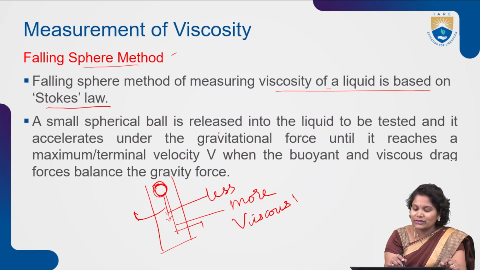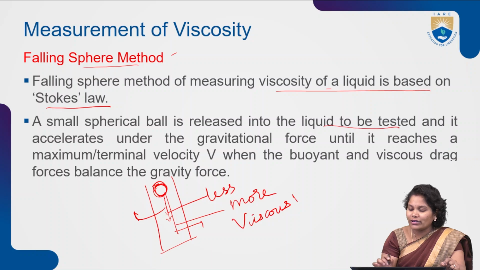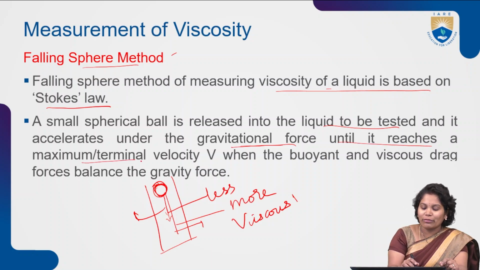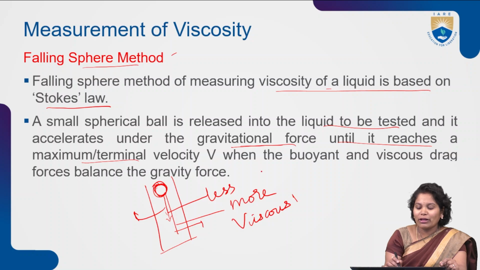Here a small sphere is released into the liquid whose viscosity we are going to find out, right? When the sphere is dropped in the liquid, it moves under the gravitational force until it reaches the terminal velocity. What does terminal velocity mean?